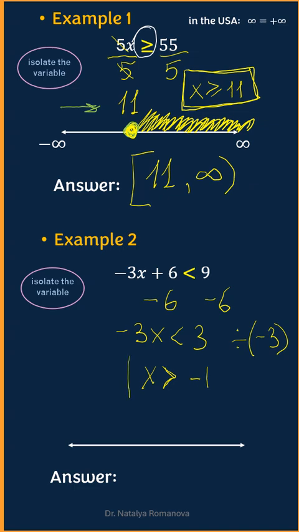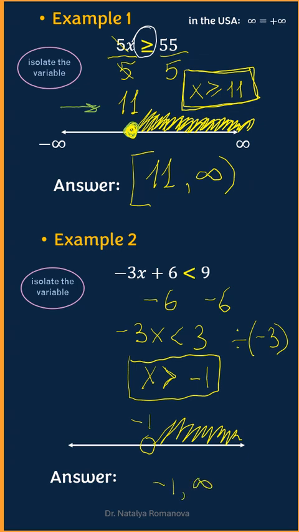Now we have the standard form of our given inequality, x greater than negative 1. So we use an open dot for negative 1. And where is x greater than negative 1? It is the right side, the graph of our inequality. Now we can write the answer. It will be from negative 1 to infinity.